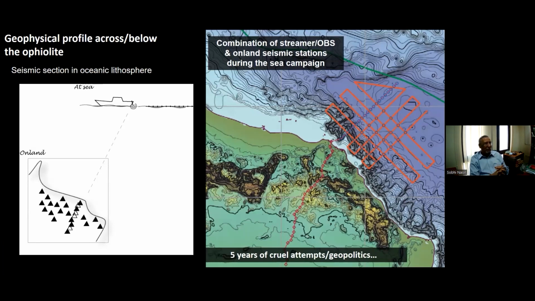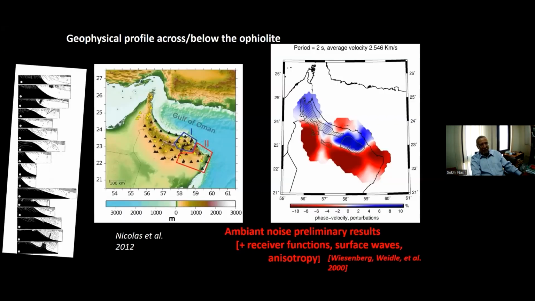Before 20 years, actually, a French group started to do some geophysical profiles across the Ophiolite in order to give a better picture. And actually, they failed to give good results for the Ophiolite in the Gulf of Oman. This is the result.